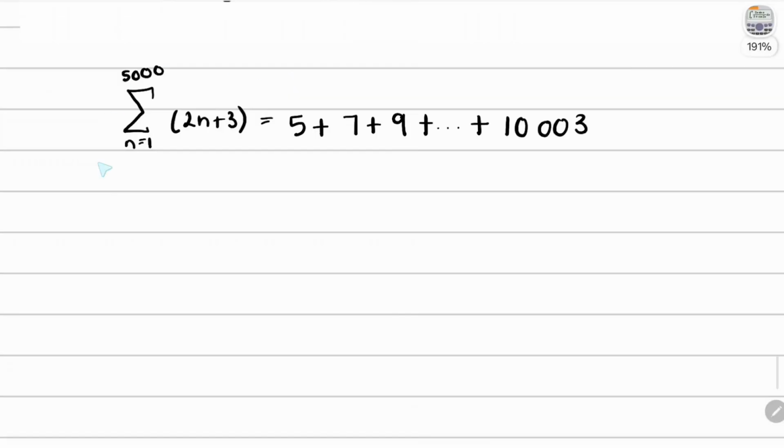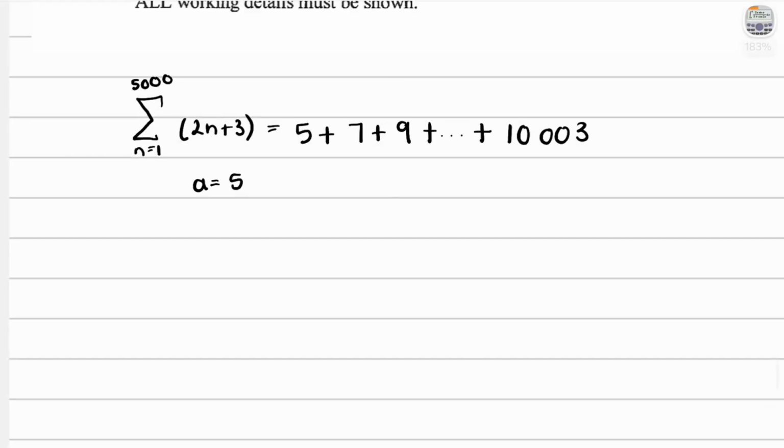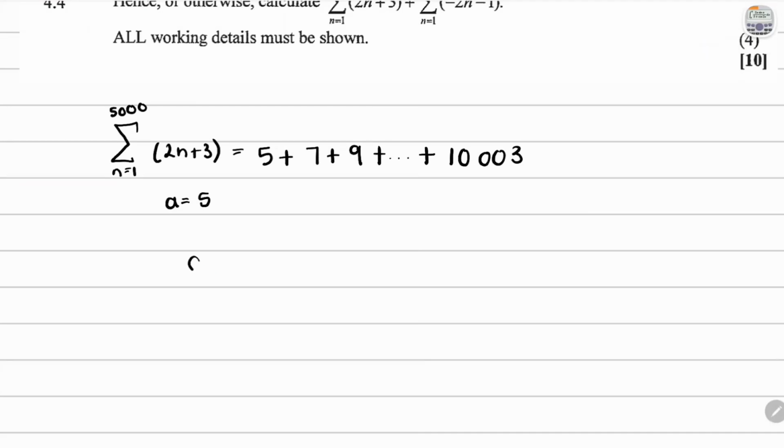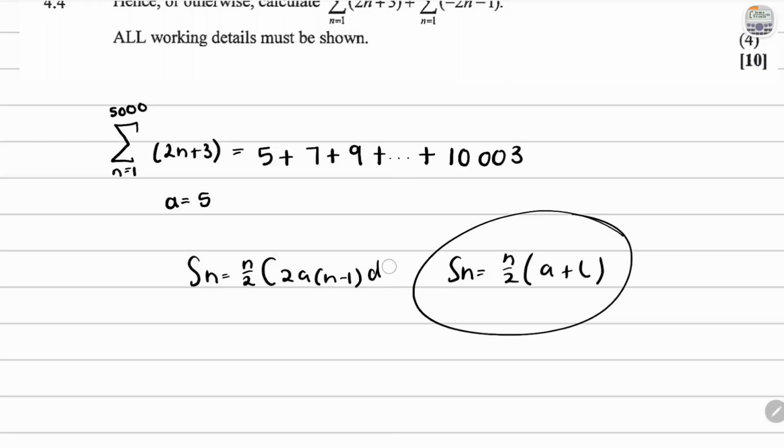Okay, so notice that in this one, the first term was 5. Let's just find the things that we need. Since we are working with the sum of series, we would either use that Sn equals n over 2 and then 2a plus n minus 1 times d, or the simple one with n over 2 and then a plus l, okay, which we can just go with that.